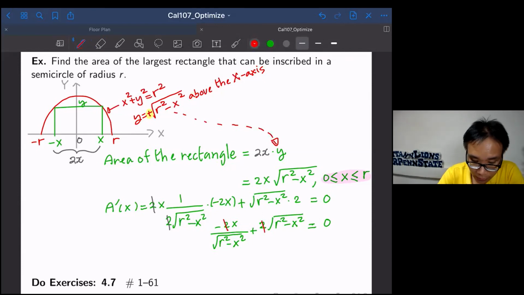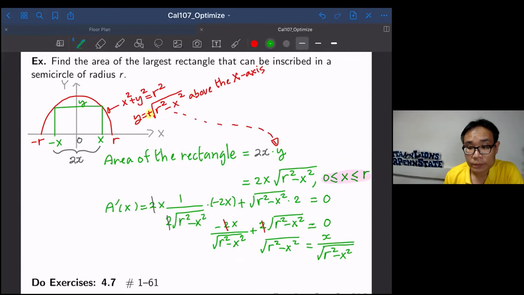So you're going to solve this one. It seems difficult, however, it's just the square root of r squared minus x squared equal to x squared over the square root of r squared minus x squared.